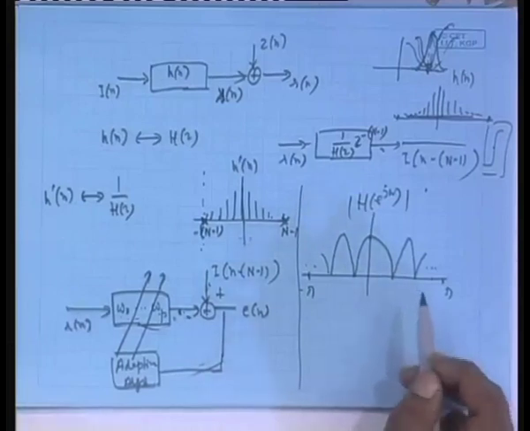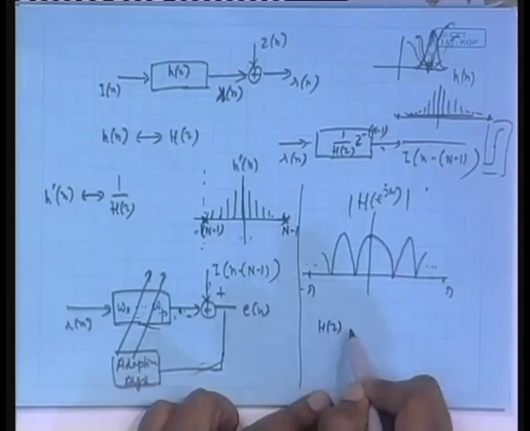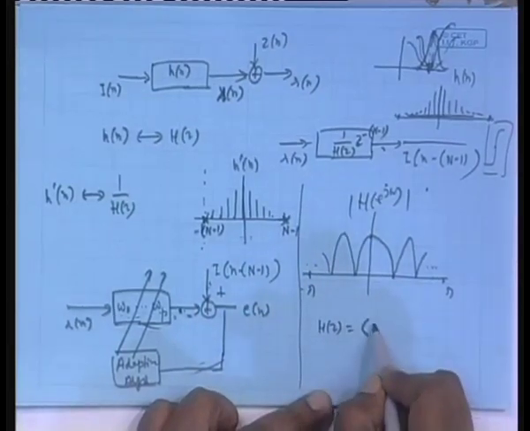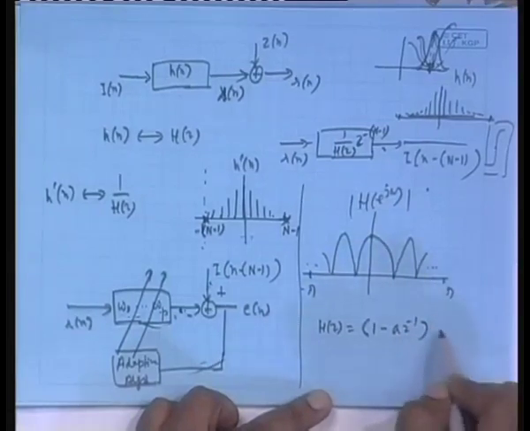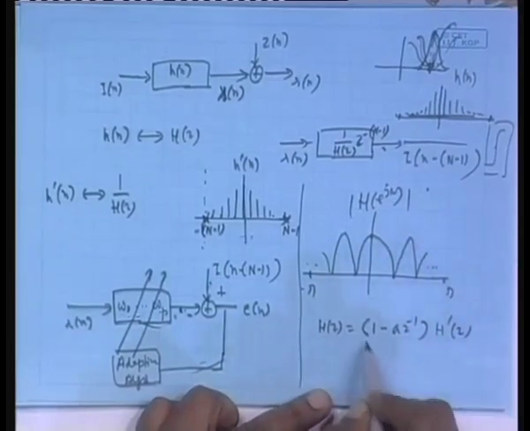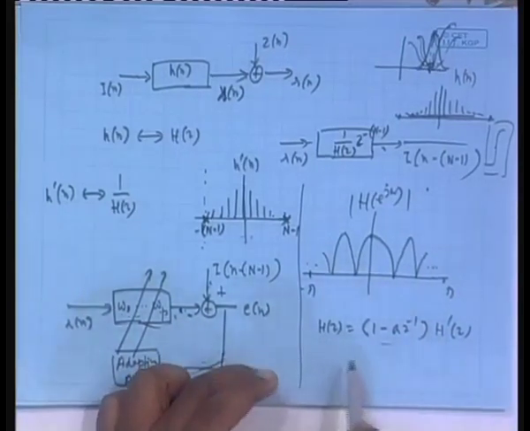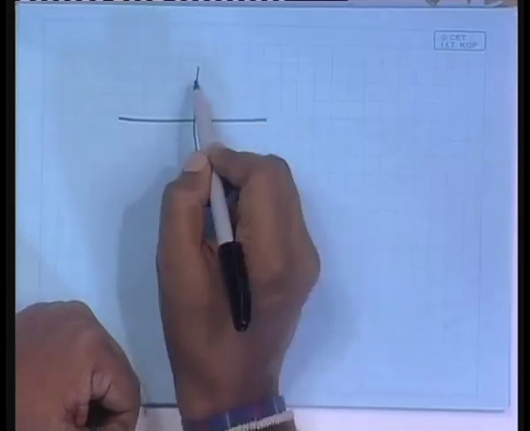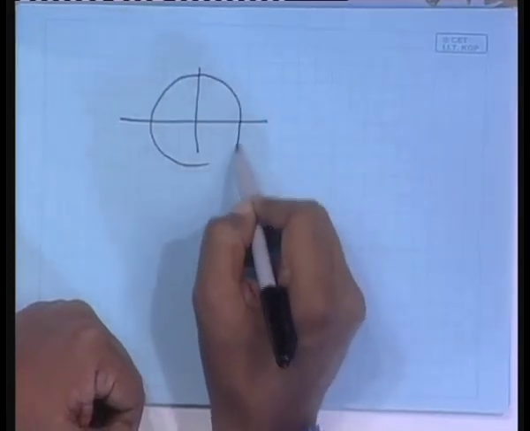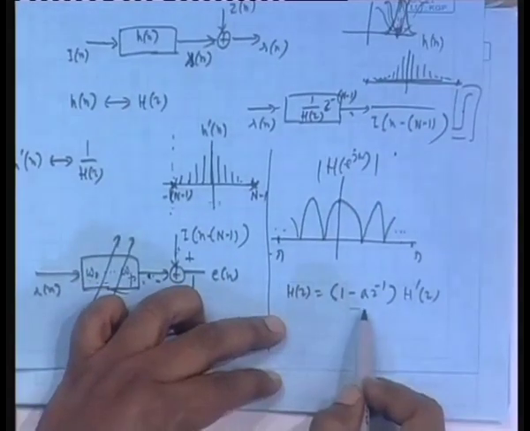What does it mean on H Z? H Z is FIR, and the FIR filter, suppose it has got a 0 like this, 1 minus say A Z inverse into the remaining part, say H prime Z, concentrate on this. One minus A Z inverse means where is the root?